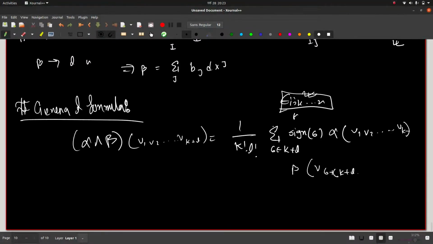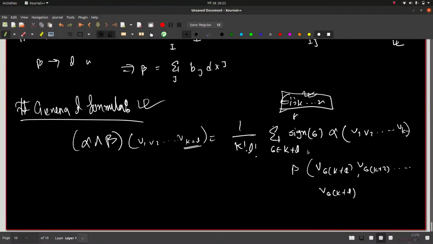It should be starting from k plus 1, not k plus l, that should be the last one, and beta will act on v sigma(k+1), v sigma(k+2), ..., v sigma(k+l). This formula is totally optional. As you can see, it gets very messy. However, if you use the Levi-Civita symbol, it becomes pretty straightforward.